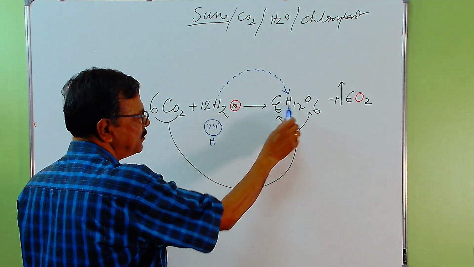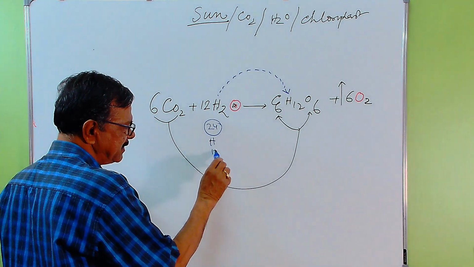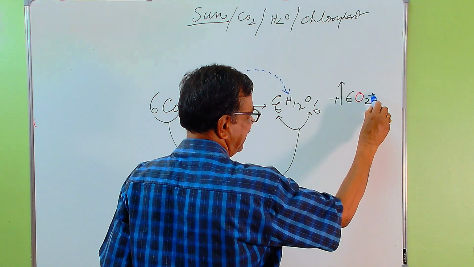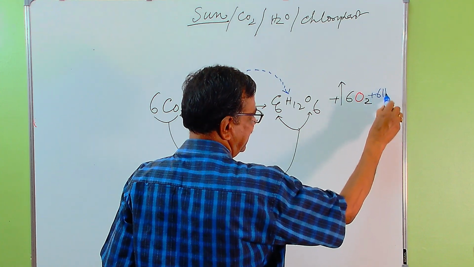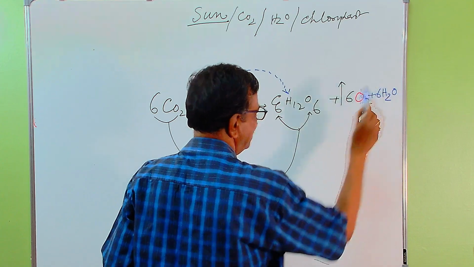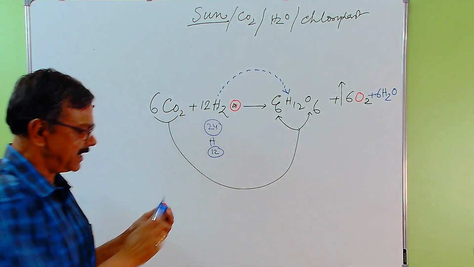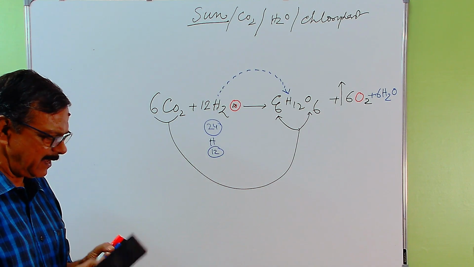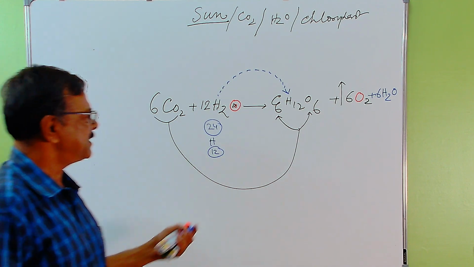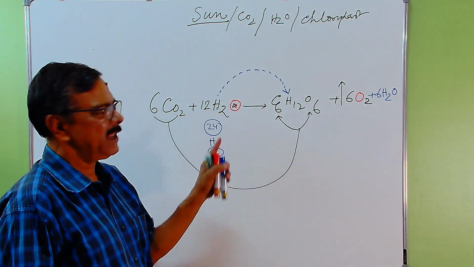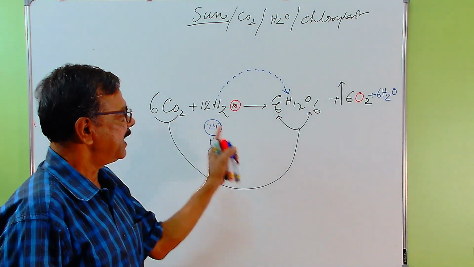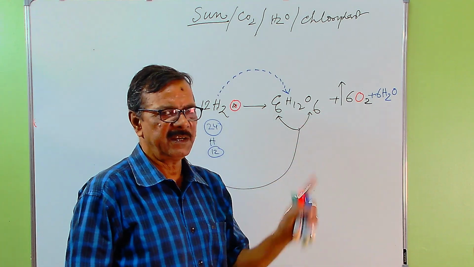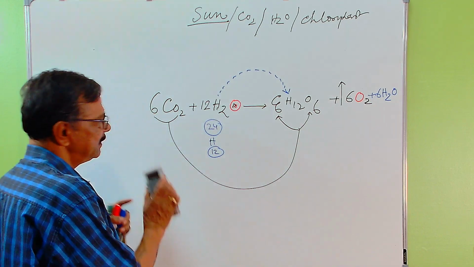How many are we using? 12. So another 12 is left. So we can write in this way 6 H2O, to satisfy the equation or to satisfy the requirements of the scientists, because by labeling the O18 isotope, they have seen the oxygen during photosynthesis comes entirely from water. Okay?